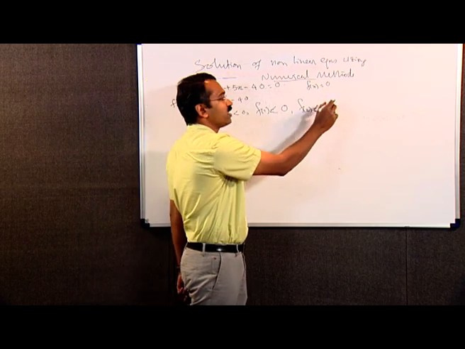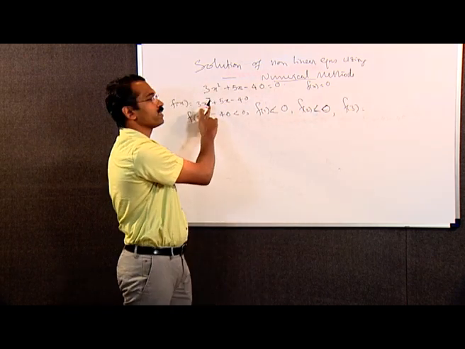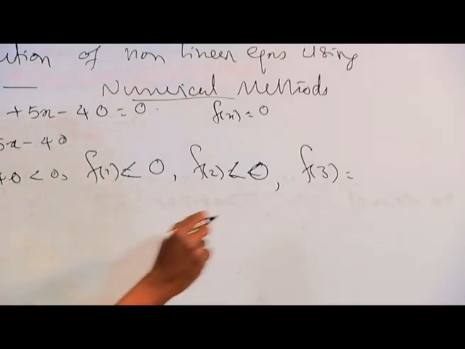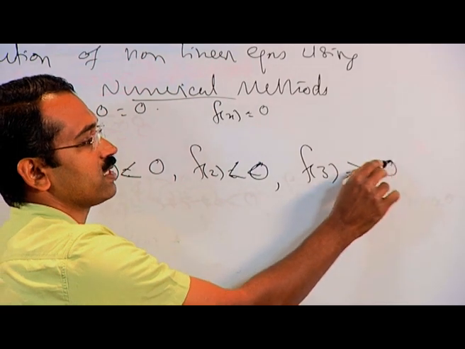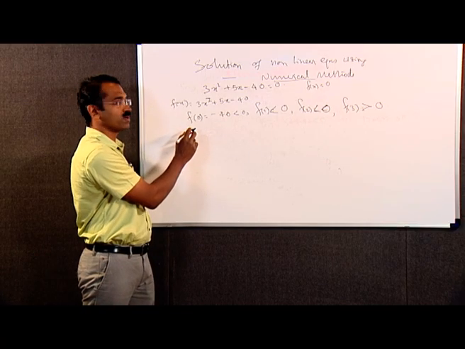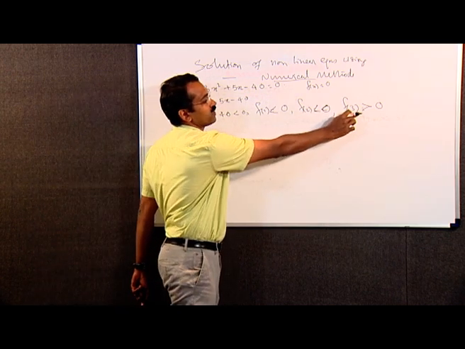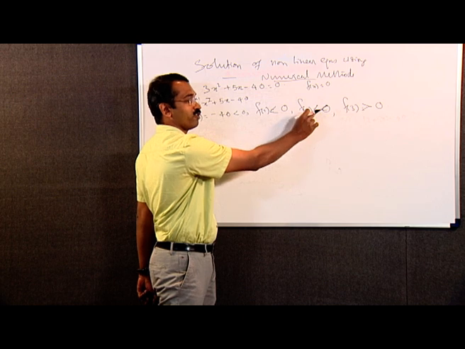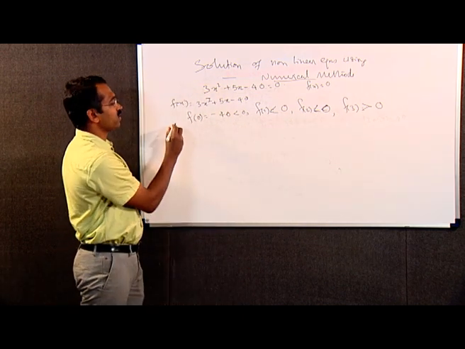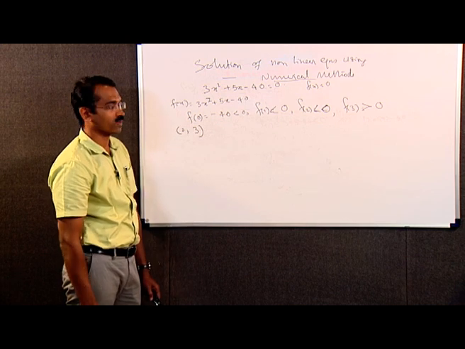Now, f of 3 equal to 3 into 3 square plus 5 into 3 minus 40, which is positive, greater than 0. We can take the interval of approximation as interval 2 and 3, because f of 2 is negative and f of 3 is positive.